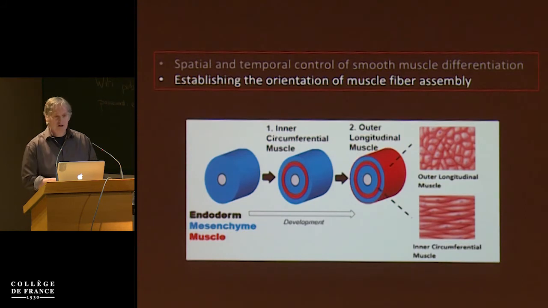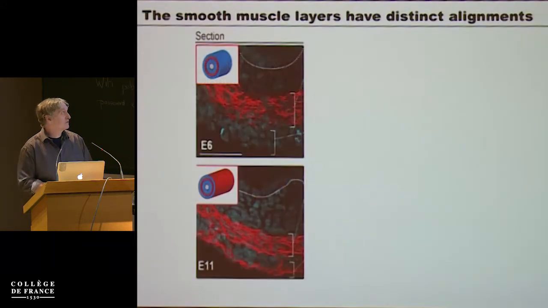So now I want to switch gears, and I want to talk about a second problem, and that is how do you get the orientation of the fibers? This is just to show you that the fibers are in different orientations. So far I've been showing you things in section, where you're looking at it from the side, but you can also instead image with a two-photon microscope at different depths to look at the orientation of the fibers.